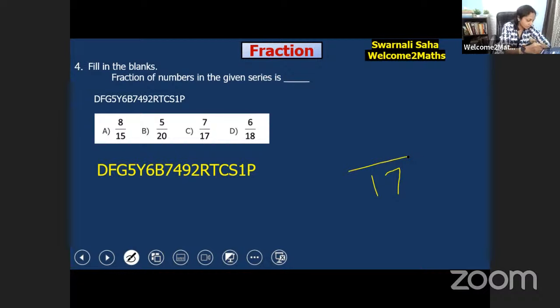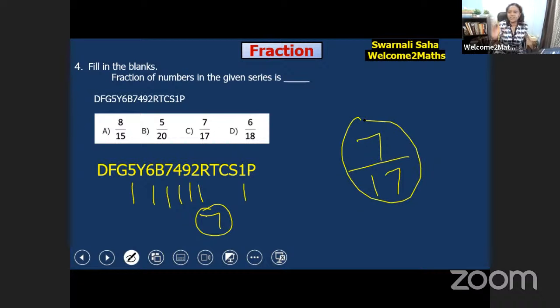Here we can see 1, 2, 3, 4, 5, 6 and 7. So 7 are the numbers. What would be the fraction? 7 by 17. In option C there is 7 by 17, so option C is the right one. Very good, not 7 by 15, it's 7 by 17.